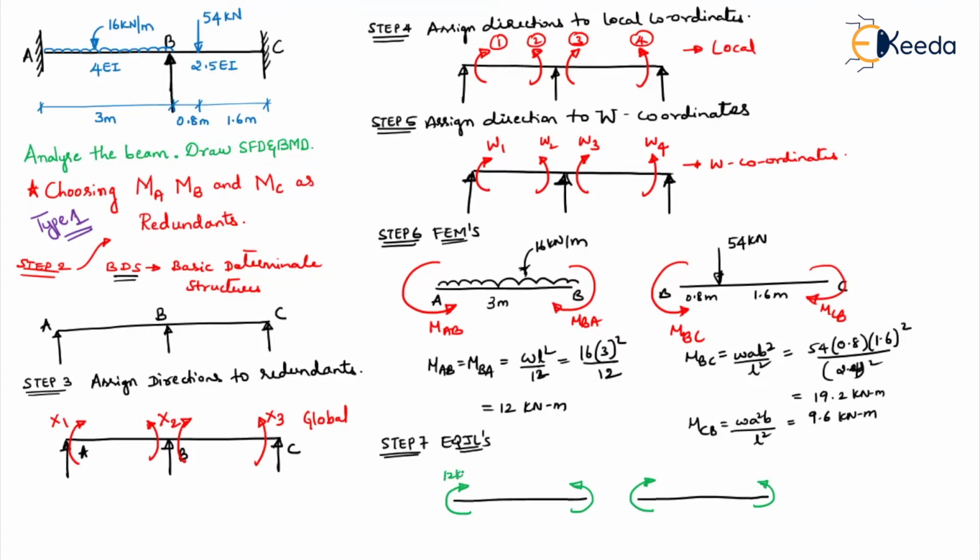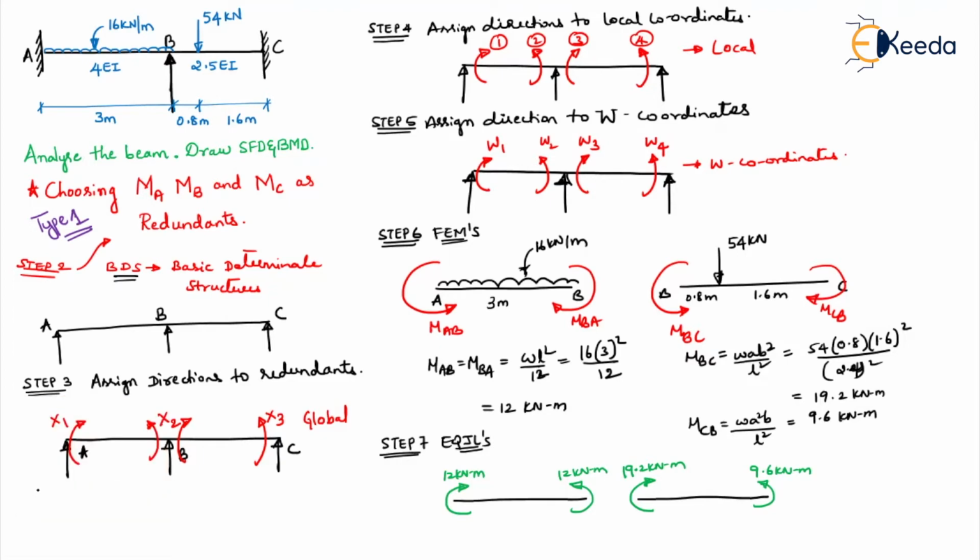So this is 12 kilonewton meter, 12 kilonewton meter, 19.2 kilonewton meter, 9.6 kilonewton meter. Right, these are your EQJLs.